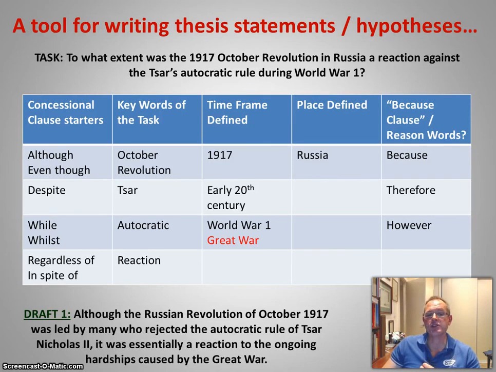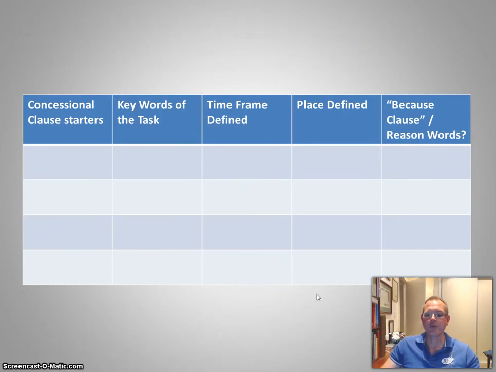I've got 1917 and I have the Great War. Two ways of defining time. Russia, I've gone with the word Russian. I haven't chosen to use because clause, reason words in this case. That wasn't necessary. That should give you something to think about when you're doing your own work.